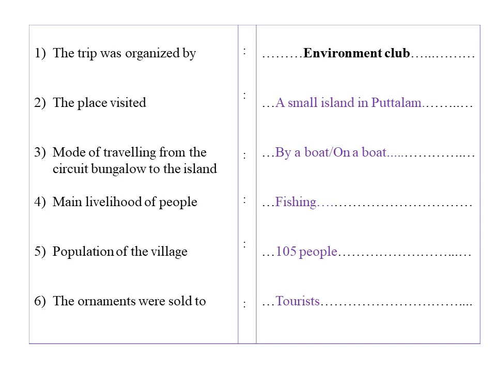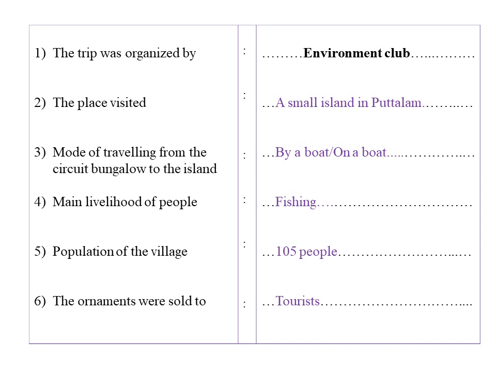Answers for number 4, 5 and 6 can be found in the description of Geet's uncle about the place they went. Let's turn to the fourth information that should be found. We have to find the main livelihood of people. In the sentence, fishing is what they do for living, we can find the answer.